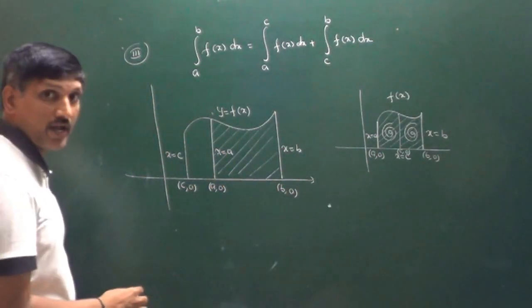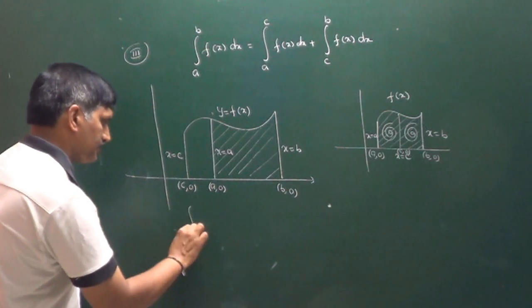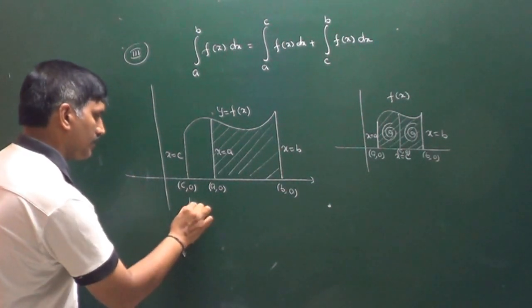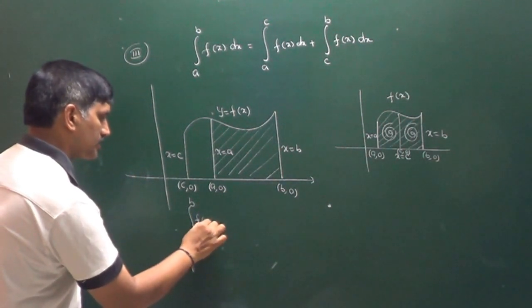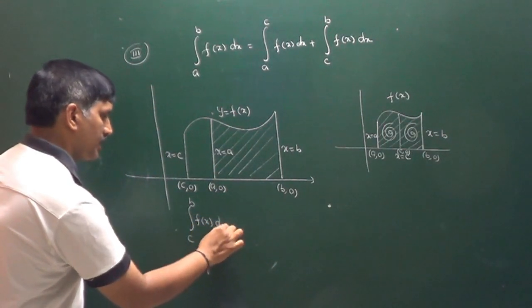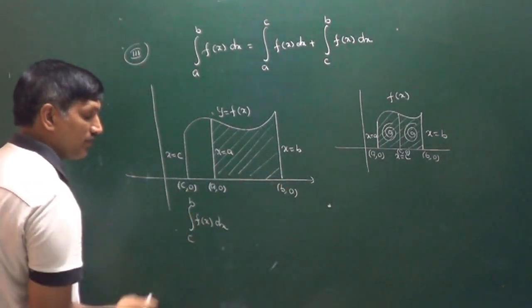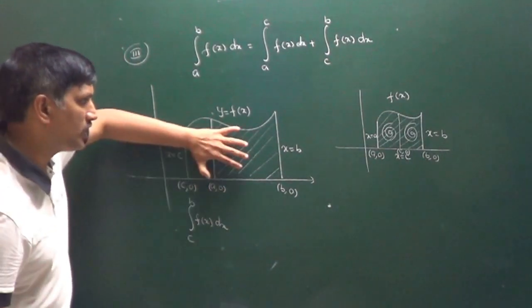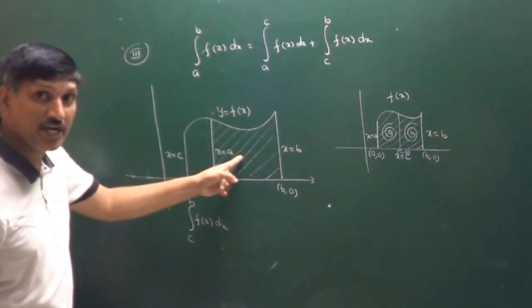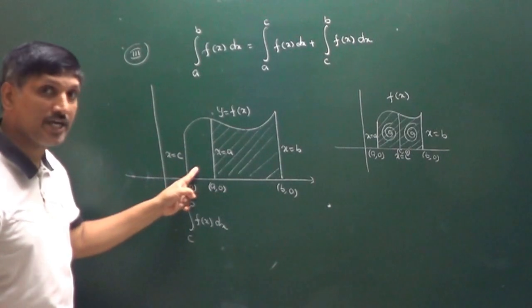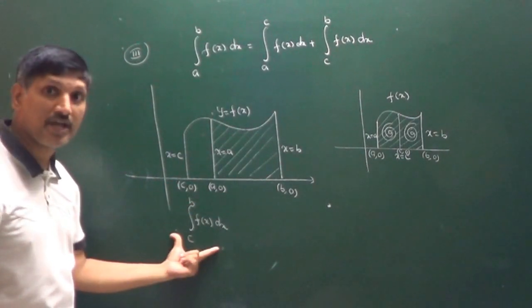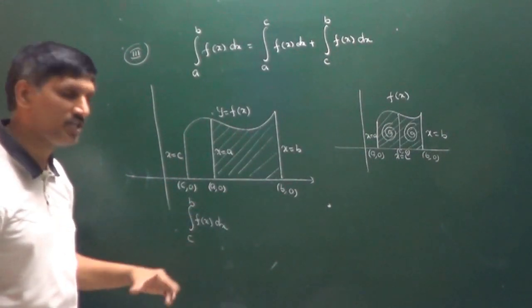Now observe here what I am doing. Integral c to b f of x dx means this total area, shaded area plus unshaded area, is represented by integral c to b f of x dx.